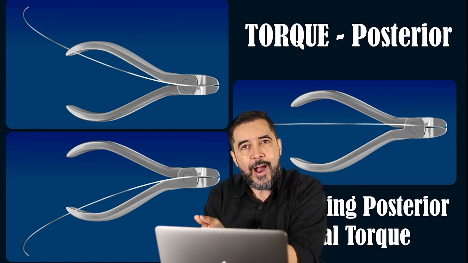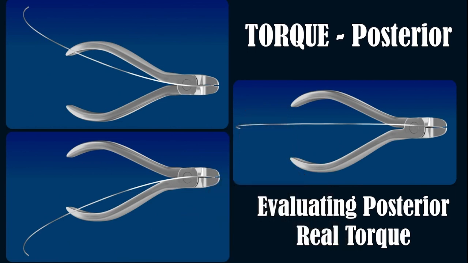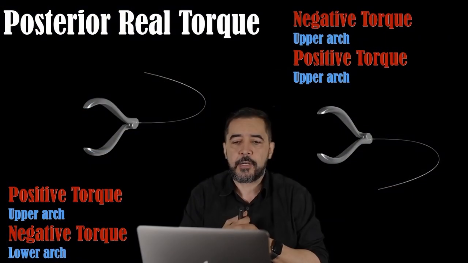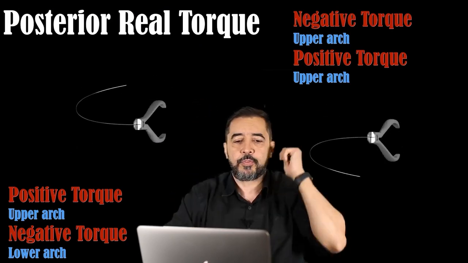So that's why we call it a real positive torque here to the upper arch. And if it's the same upper arch here, this is called a real negative crown torque, okay? Always about the crown, meaning always about the crown, okay? So let's see here. Take a picture of this image and you won't forget.